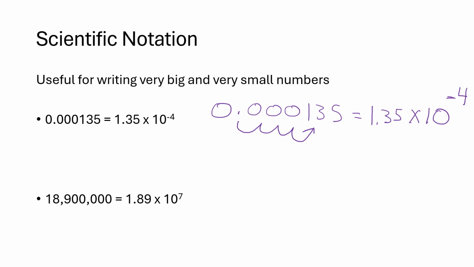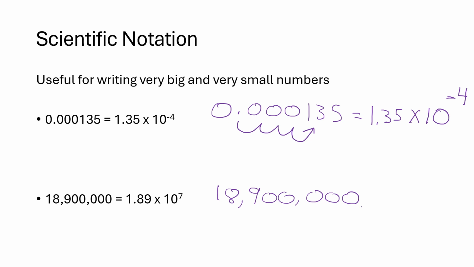With this other number, 18,900,000, if we're going to end up with one digit to the left of the decimal, we're going to move it a bunch of times. Now, in this original number, the decimal point is not written, so it's understood to be at the very end of the number.